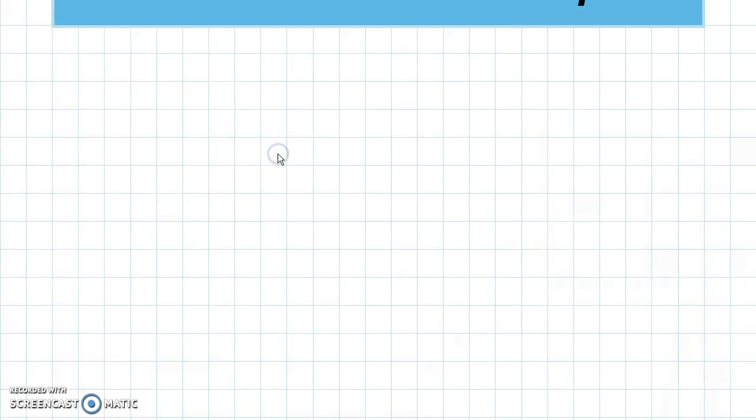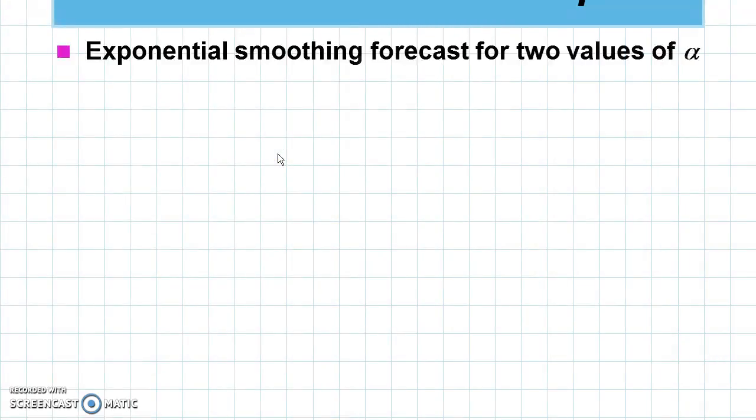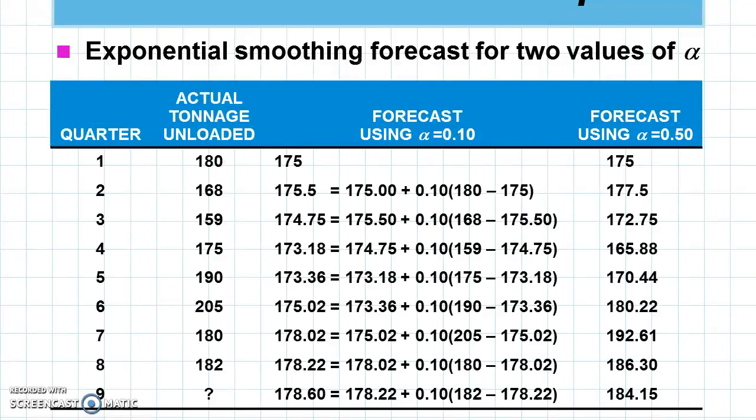Here we have a nice illustration of that. For instance, here we've got our actual data tonnage of 180 and our forecast of 175. So our forecast 175 plus our alpha of 0.10 times our actual minus our forecast is equal to our new forecast, 175.5.